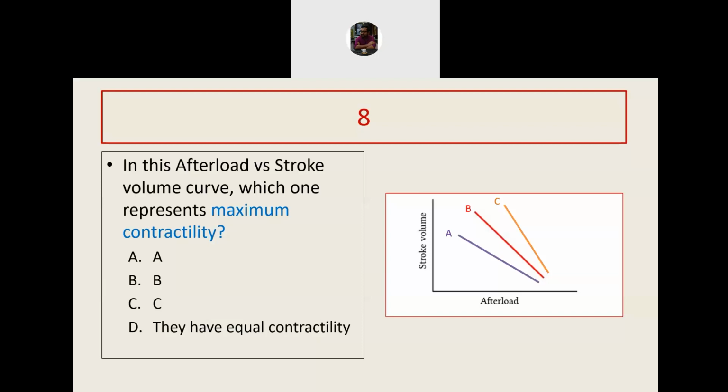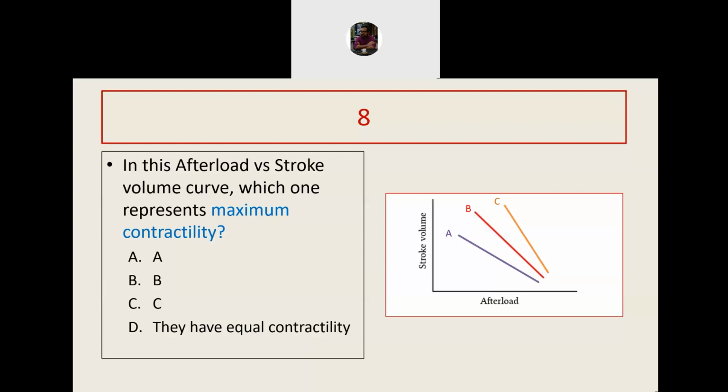Choose between A, B, C, and D, which is they have equal contractility. So I can see that the answers are split between almost all the options.